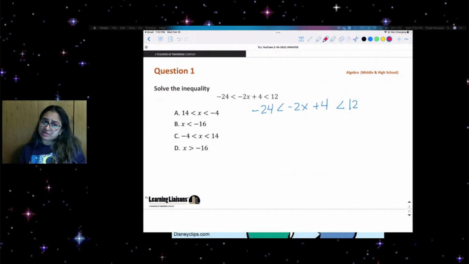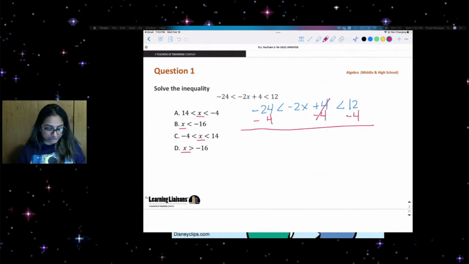I'm looking at the middle and I want that positive 4 out because I need to solve for x by itself. How do I know that? I've looked at all of my answer choices and they tell me that x is alone. Let's go ahead and move that 4. But remember, what you do to one kid, you must do to all.